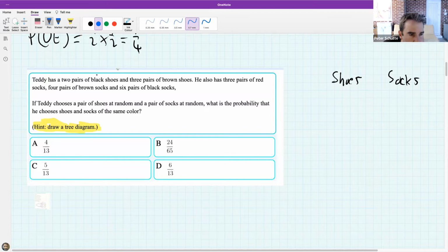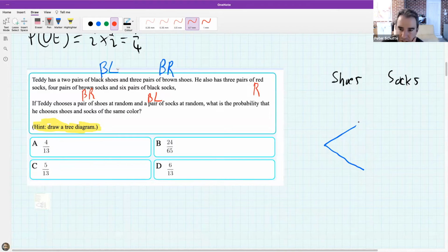It feels to me like for shoes, we only have 2 choices, but for socks, we have red, brown, black.